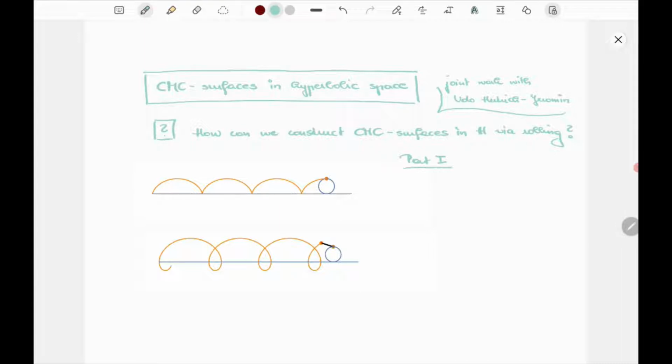In part 1, I will start with some preliminaries about hyperbolic space and surfaces. And then I will discuss some well-known facts about CMC surfaces in hyperbolic space. And in particular, we will reconstruct CMC surfaces starting from their hyperbolic Gauss maps via a Darboux transformation.